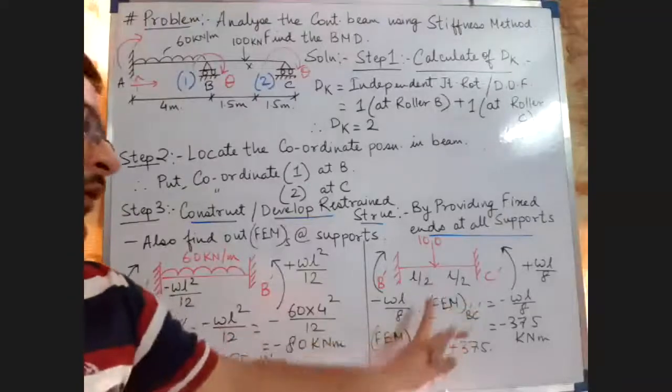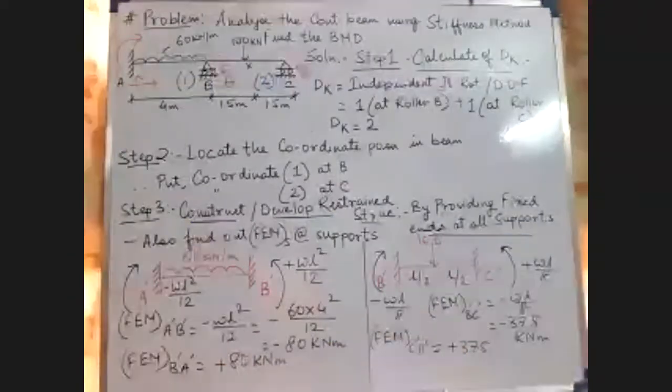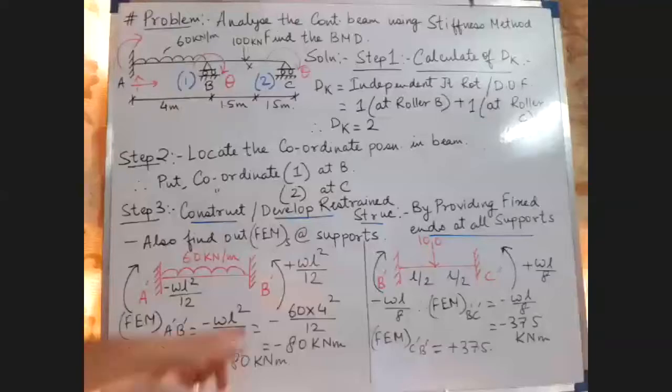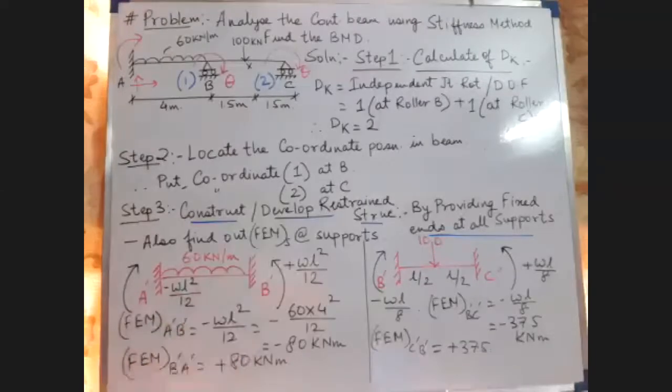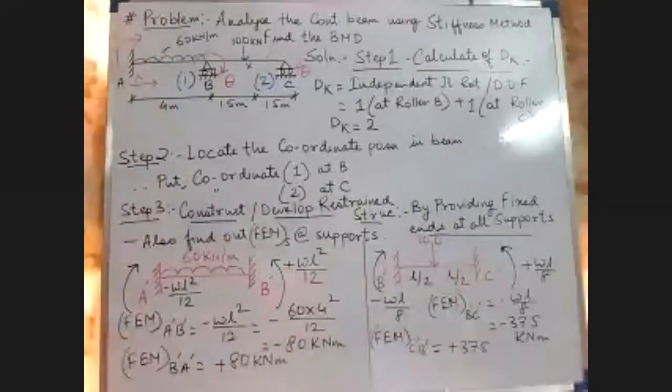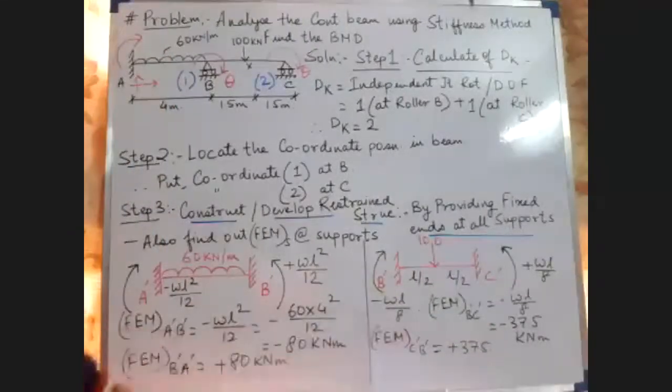Since it is at midpoint, the fixed end moment is W L by 8. So take down the fixed end moments at this end, left side, right side, and this end, left side, right side. We will use all these values.